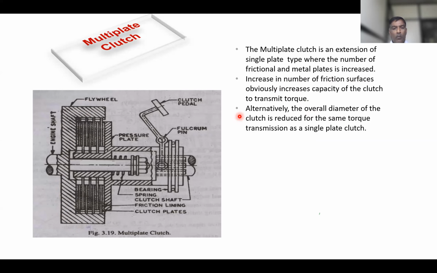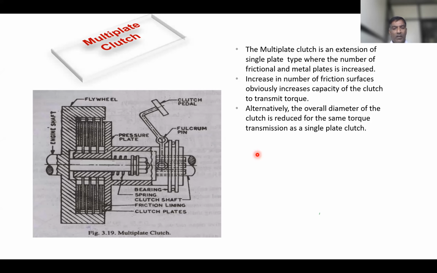So what will happen because of the multi-plate clutch? The overall diameter of the clutch assembly is reduced for the same torque transmission as a single plate clutch.